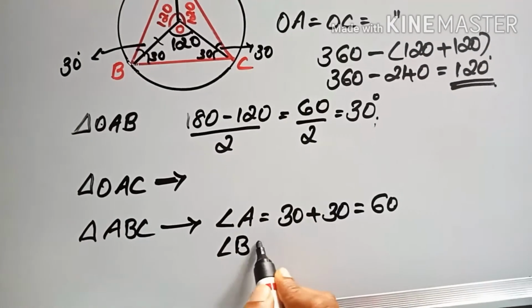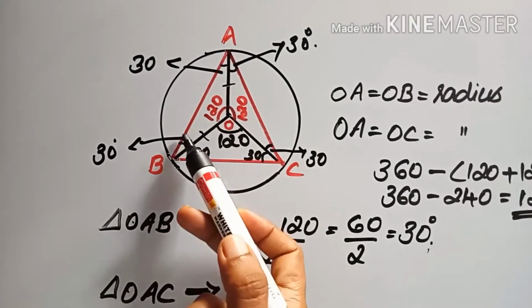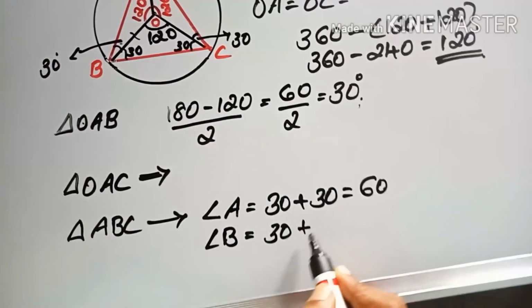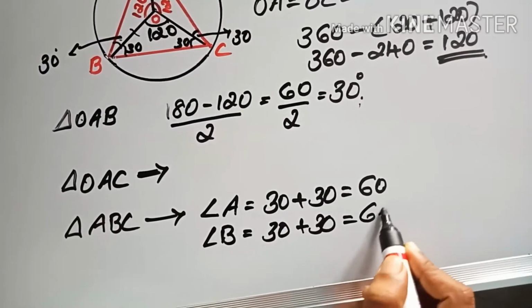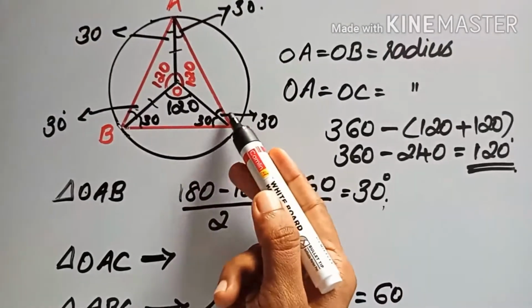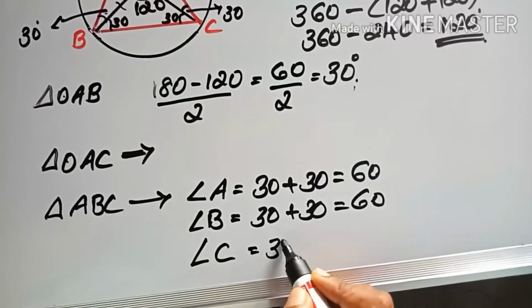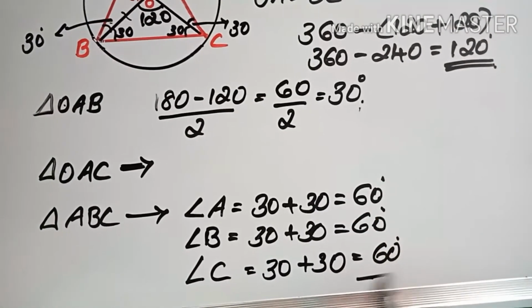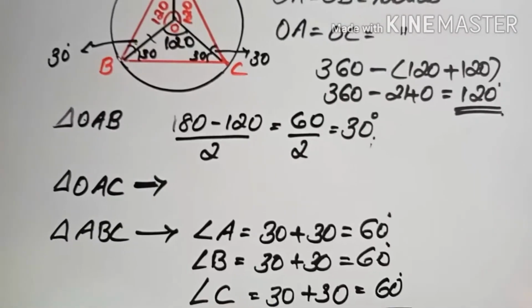Angle B will be what? Angle B also first half 30, next half also 30. So 30 plus 30 equal to 60. Angle C will also be what? 30 here, 30 here. So 30 plus 30 equal to 60 degree. Okay, so this is the answer.